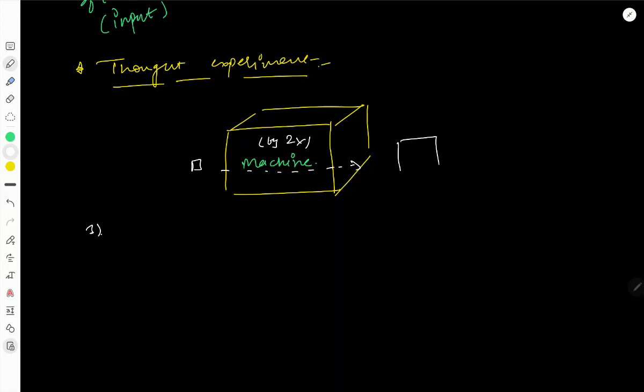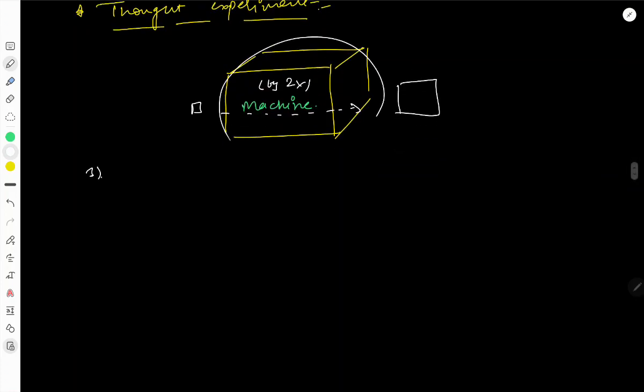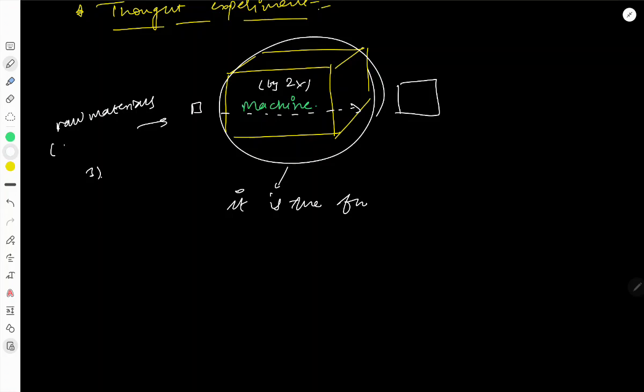I'll draw it like this. So this machine is nothing else but the function, and over here these items that we are putting, which we can say are the ingredients, or the raw materials, they are our input, that is our domain, and the finished products that we are getting, these are nothing but our output, which can be called the range.